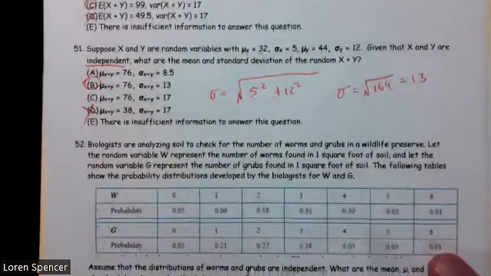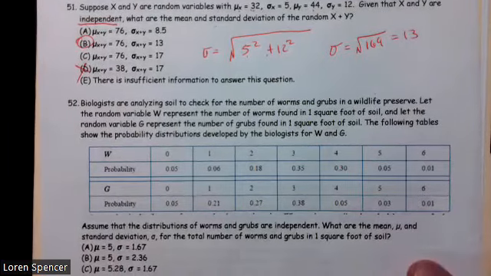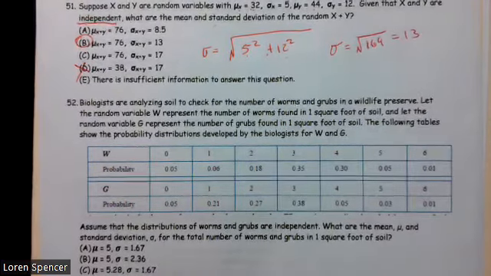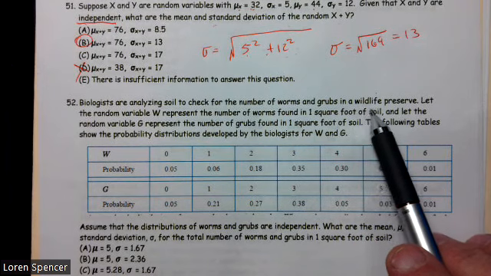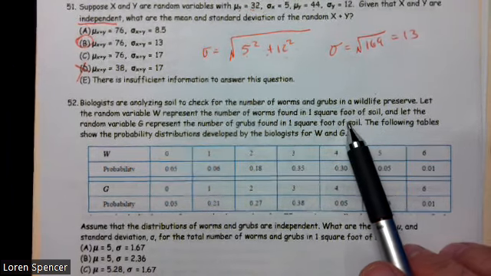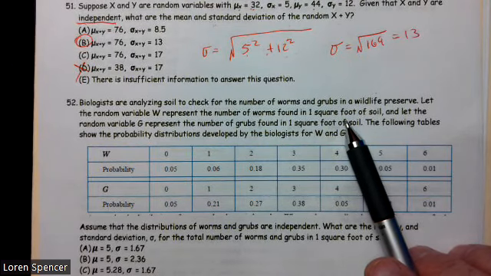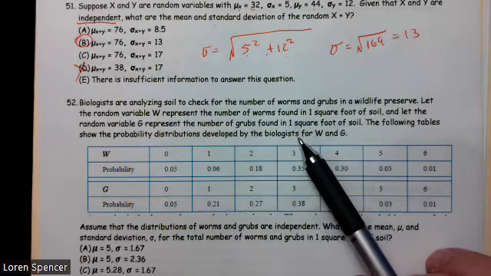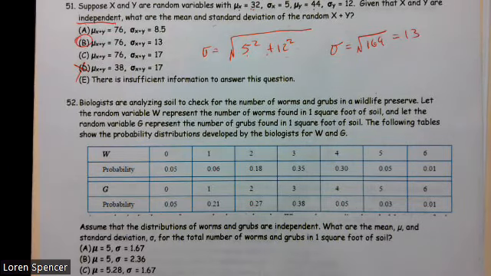All right, next one. Biologists are analyzing soil to check for the number of worms and grubs in a wildlife preserve. Let the random variable W represent the number of worms found in 1 square foot of soil, and let the random variable G represent the number of grubs found in 1 square foot of soil.